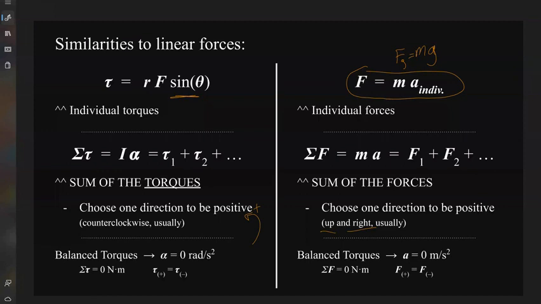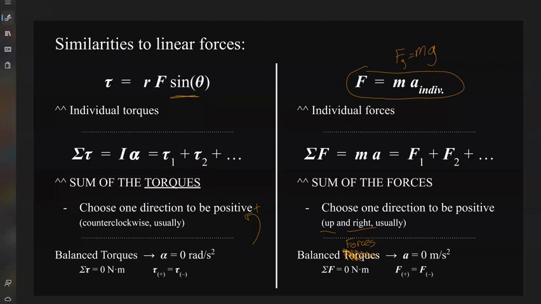Balanced forces, oh, and that's a typo over here. This should say balanced forces. My apologies. Balanced forces is an acceleration of 0 meters per second squared, whereas balanced torques is alpha, angular acceleration, of 0 radians per second squared, where the positive torques equal the negative torques. Very similar to forces.